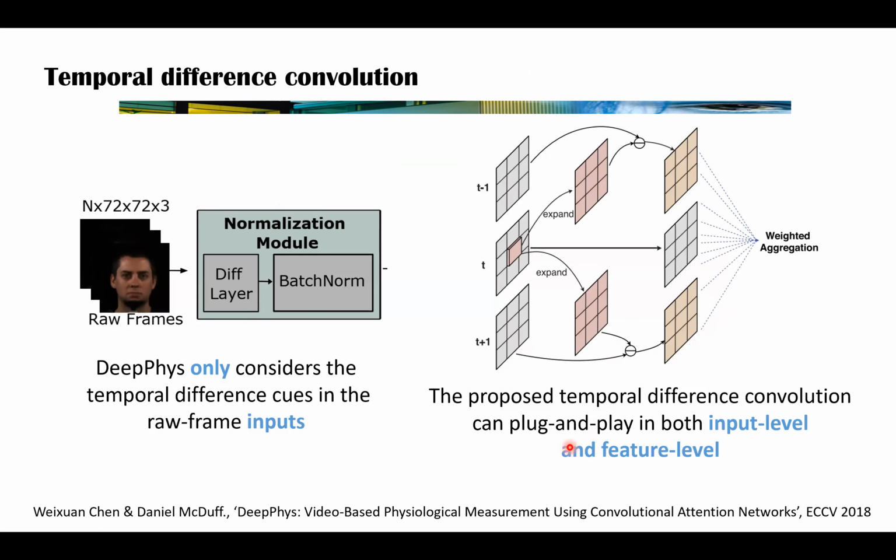The first thing introduced is the temporal difference convolution, which is inspired by the DeepPhys work. Because in the DeepPhys work, they calculate the normalized difference between two frames at the raw frame level, right? But we can imagine that at the raw frame level, because of the sensor noise, it's very challenging to estimate the facial color trends.